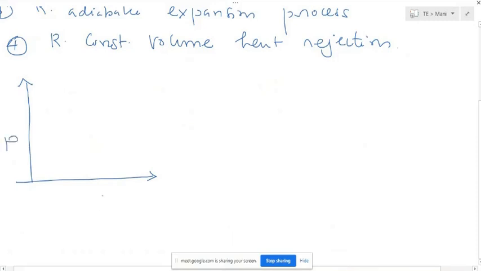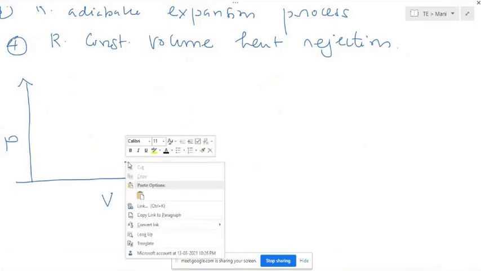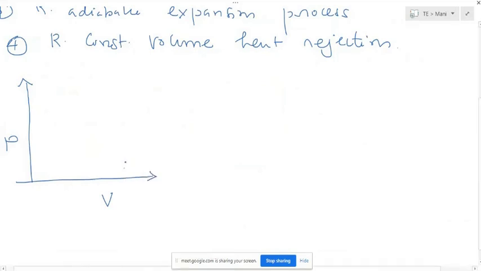The PV diagram of an OTTO cycle. So here we are considering four processes. The first one, for example, started here. The first process is the compression process.